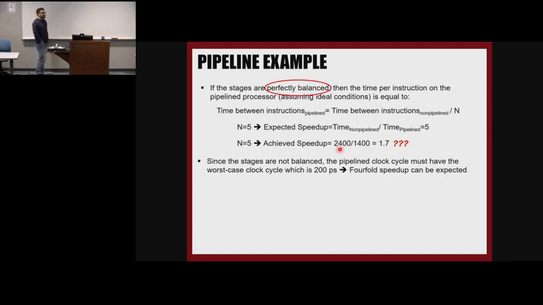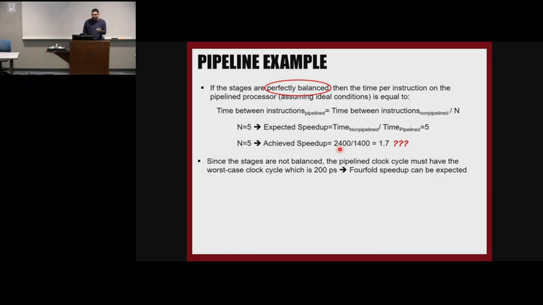And the clock cycle time for single cycle is 800 picoseconds. And every 200 picoseconds we're getting one output, while in the single cycle case, every 800 picoseconds we're getting one output. So the n here should be 4. It's a 5-stage pipeline, but because it's not perfectly balanced, it's as if we have a 4-stage pipeline.